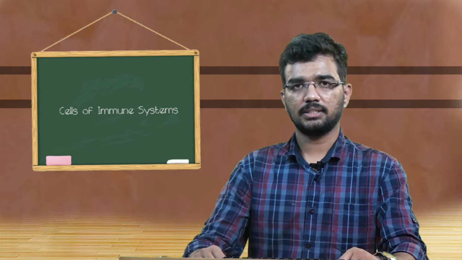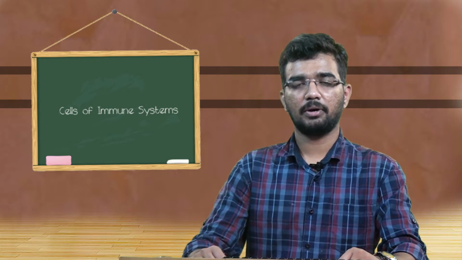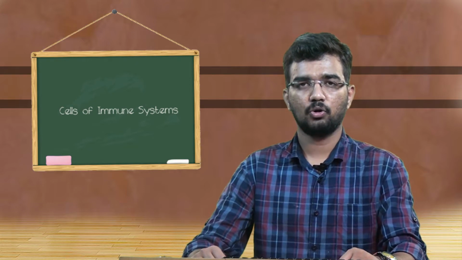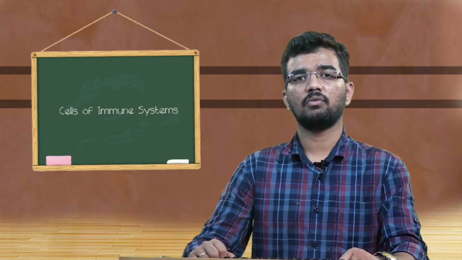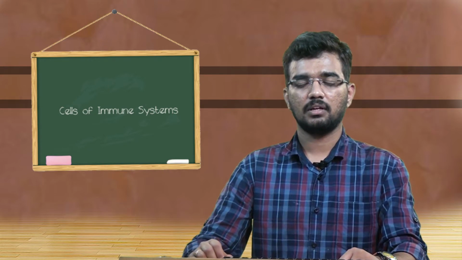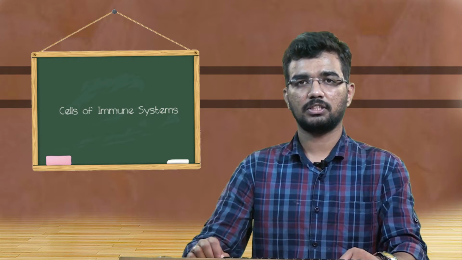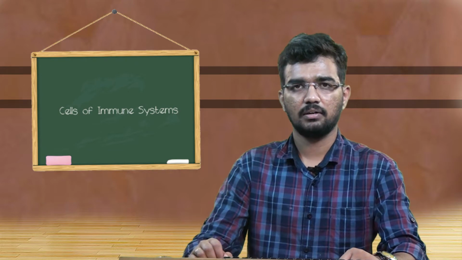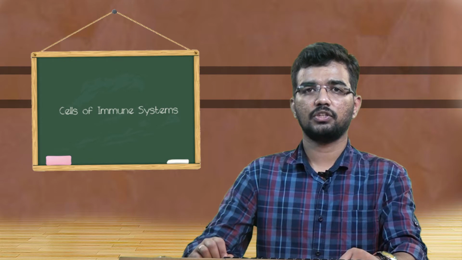Then come the phagocytes. Phagocytes are the cells which kill microbes by phagocytosis. There are two types of phagocytes, monocytes and macrophages. Monocytes are the phagocytes which circulate along with the blood. These monocytes kill the antigen by phagocytosis as they revolve in the body through the blood circulation. In the same way, the macrophages are present on the surface of the tissue.